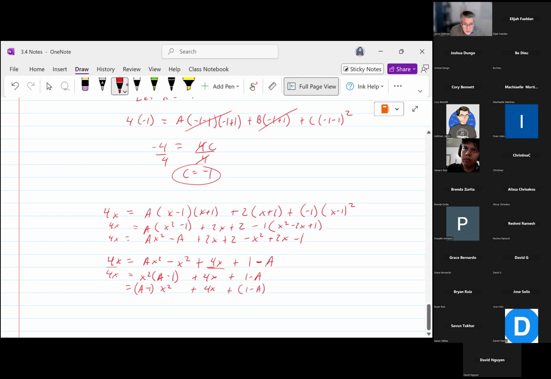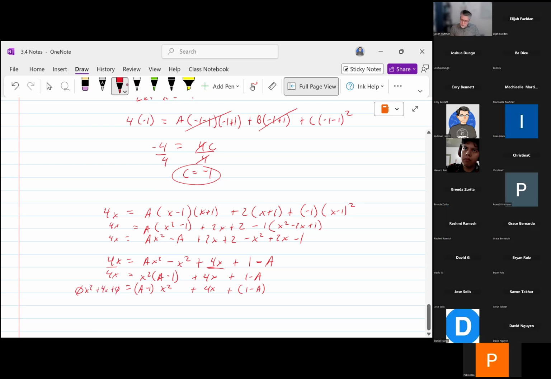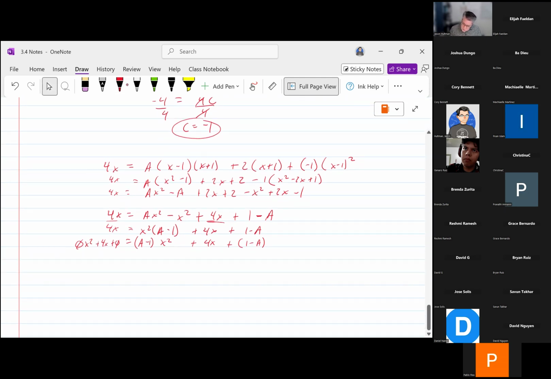And I'm going to rewrite the 4x using some zeros: 0x squared plus 4x plus 0. What does this tell me? Going term by term, a minus 1 should equal 0, 4x should equal 4x, and 0 should equal 1 minus a. So what is the value for a that makes this true?